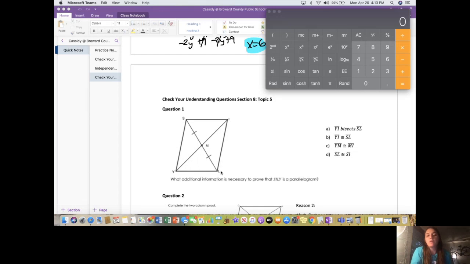So far, all we know is that this bisected that side. If we knew that YI bisected SL, in a parallelogram, diagonals do bisect each other, so that would be something good to know.